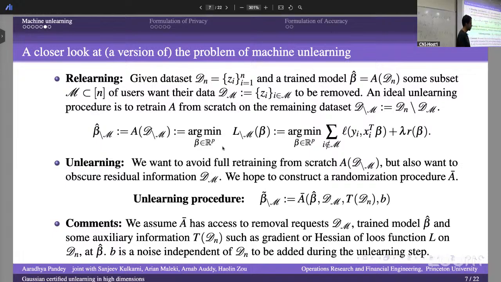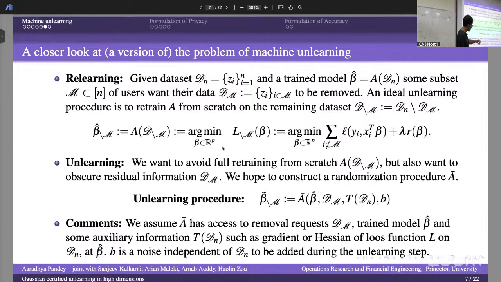You see two more notations. One of them is some auxiliary information, and it will be clear what the T data points are; that I'll explain. But for now, just consider you have the trained ML model, the entire neural network's weights, and the data points of those individuals who have asked for their data to be removed.